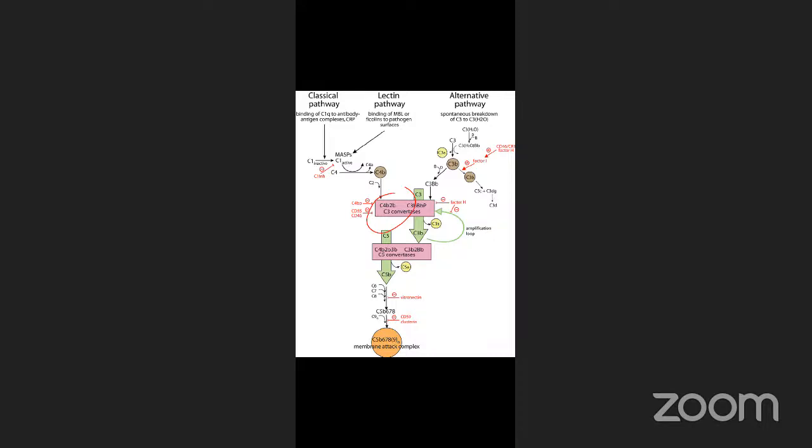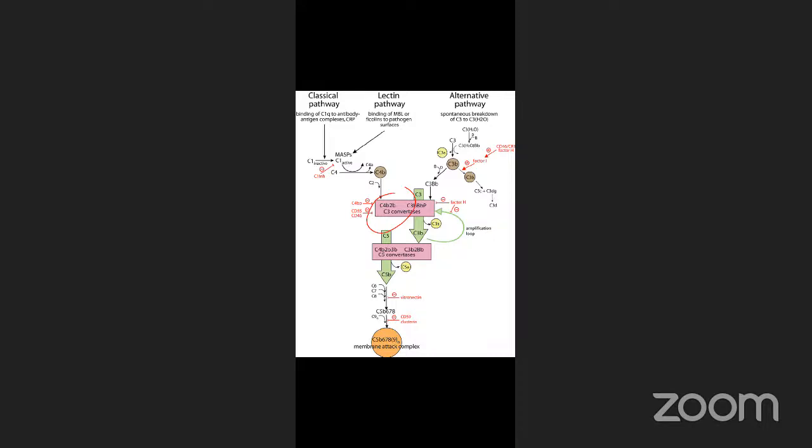In the presence of this enzyme, the C3 convertase, C4b2a, not b, a exactly, C3 is cleaved into C3a and C3b. After the cleaving, C4b2a binds with the C3b molecule and also acts as a C5 convertase.